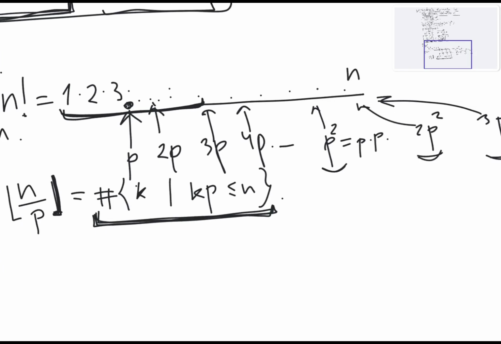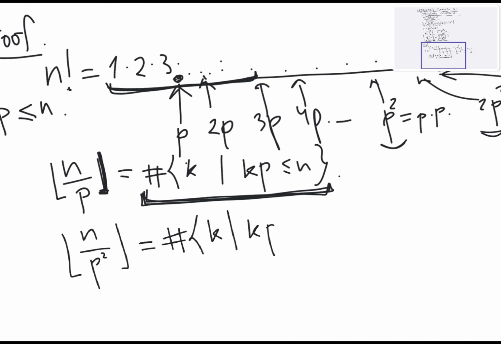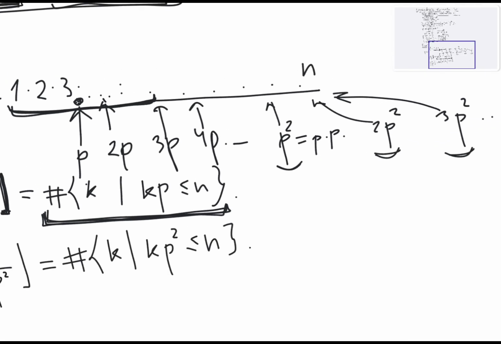This is simply the floor of n over p squared, the number of k such that kp squared is less than or equal to n.